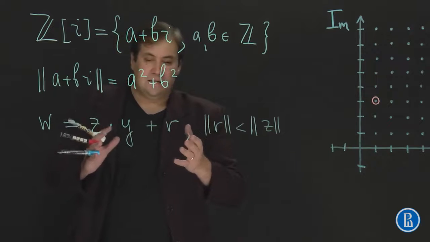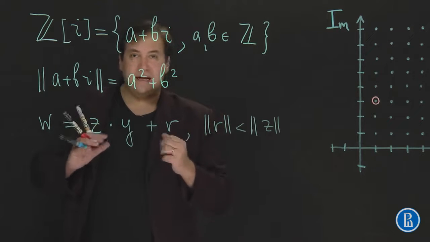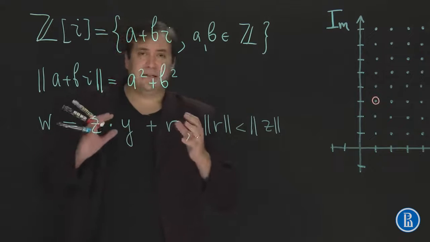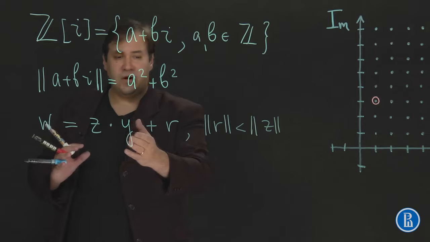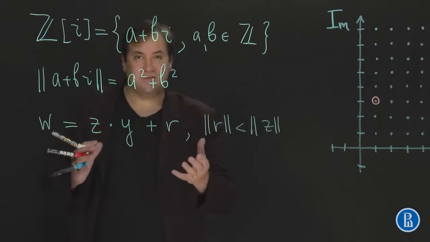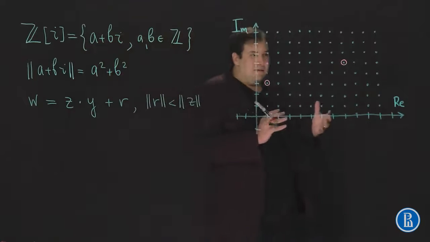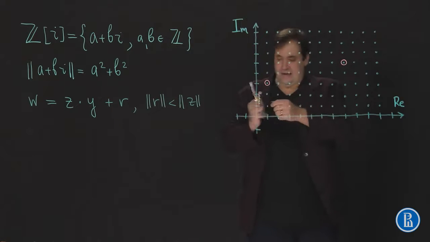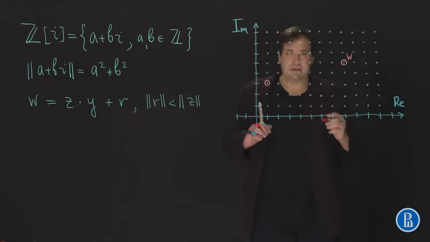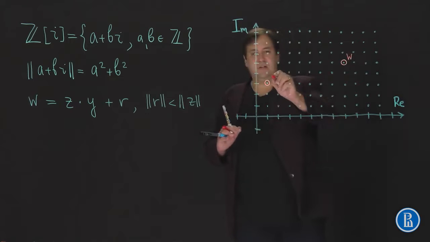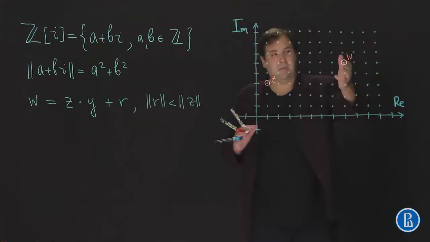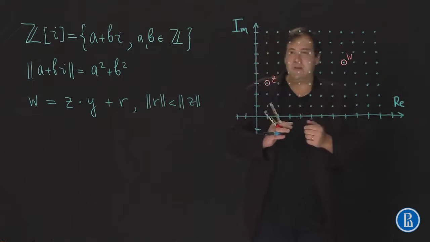We can prove this in the general case, but instead of that, I would like to consider a certain example of w and z and show you how to find such y and r using just your hands, head, and a piece of paper. This is a complex plane, and let this point over here be w, and this point over here be z. We want to divide w by z with remainder.